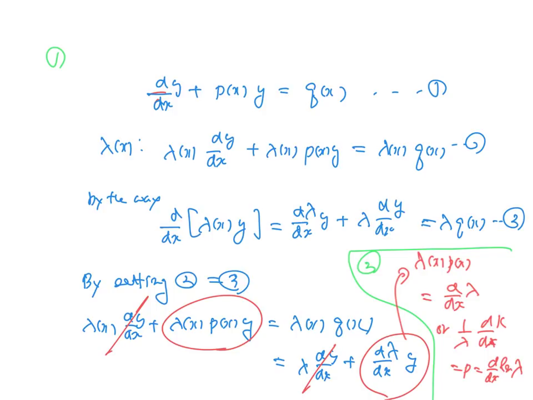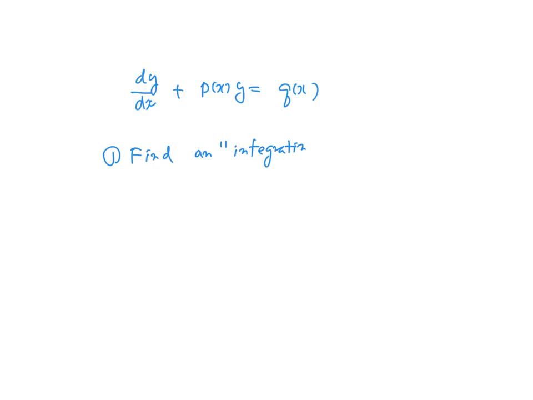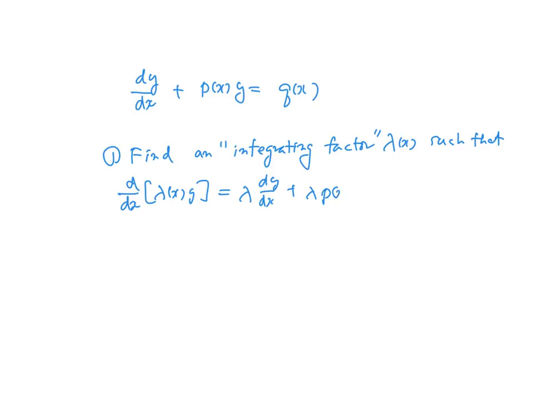So, okay, given the equation, step number 1 is to find an integrating factor lambda(x) such that d(lambda y)/dx is the same as lambda dy/dx plus lambda p(x) y, right?